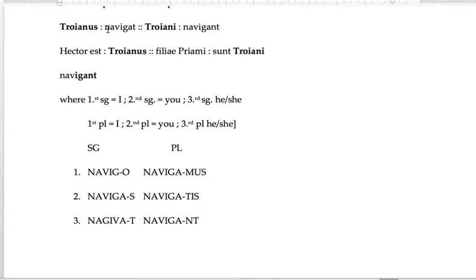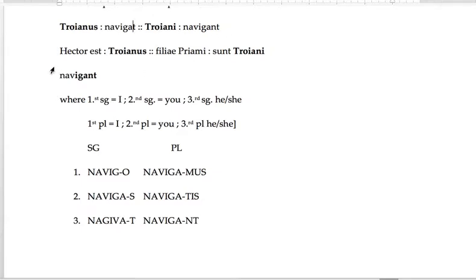And in both cases, the verb has to be modified to accord with the subject. So this is a singular subject. We need a singular verb ending. And as you should know by now, T by itself is a third-person singular ending. The same is true of Trojani. The Trojans sail.